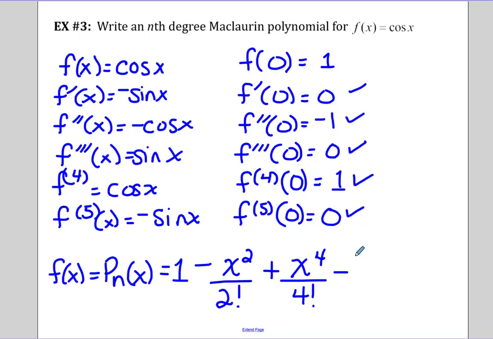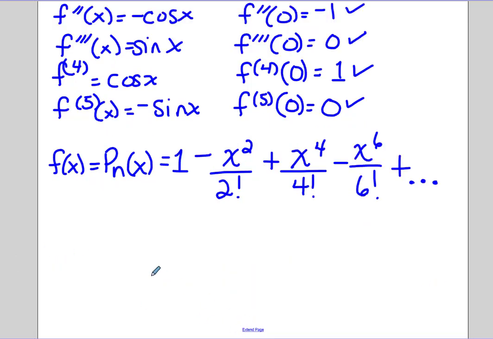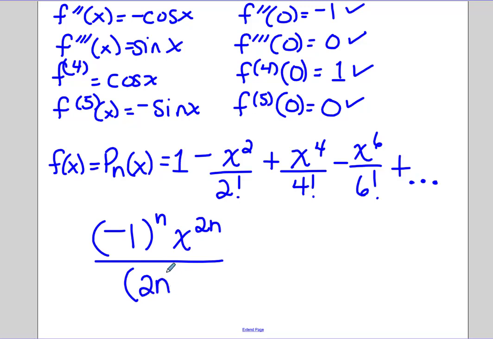Our next term would be negative x to the sixth over 6 factorial, and if we continued that pattern, our nth degree polynomial would be negative 1 to the n, x to the 2n, since our powers are even, and then our factorial would be 2n quantity factorial. So this would be our nth degree Maclaurin polynomial for approximating the cosine function.